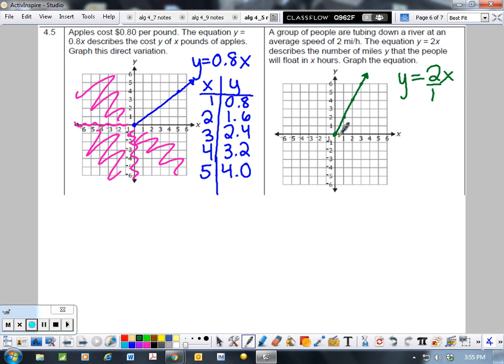In other words, if we don't know that information, it's not safe to say that the negative values are going to make a difference. And so instead of a line, we end up with what we call a ray in geometry, a definite starting point and no end. And there would probably be an end to floating down the river. We just don't know how far down they can go, so we don't draw an end to that.